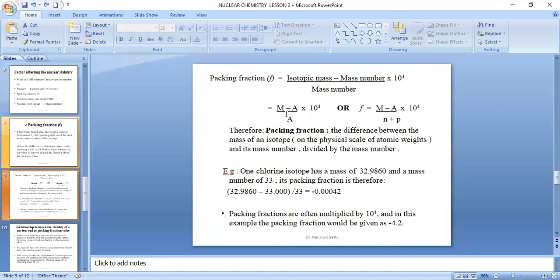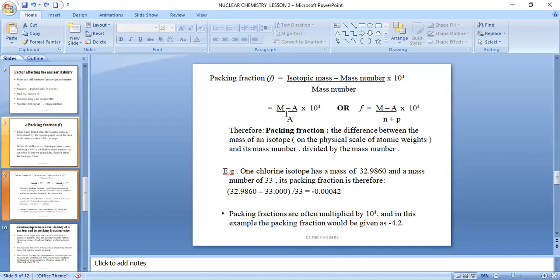Therefore, an example: one chlorine isotope has an isotopic mass of 32.986 and a mass number of 33. Its packing fraction is therefore, as we said in the formula, the isotopic mass minus the mass number, times 10 to the power 4, over the mass number.